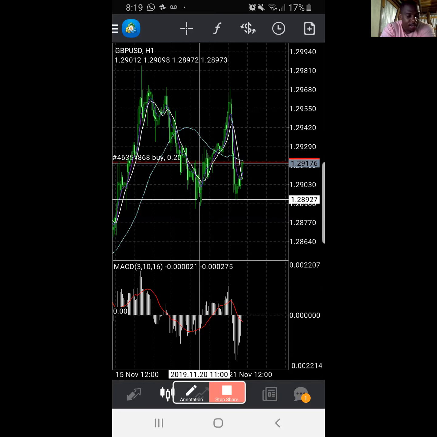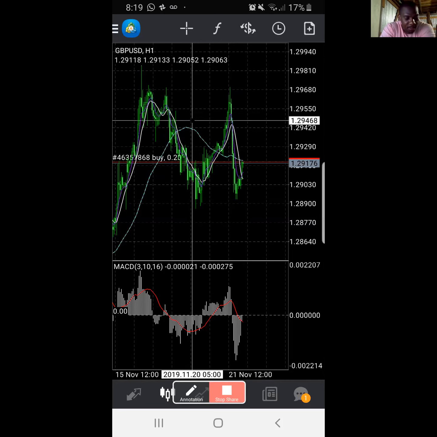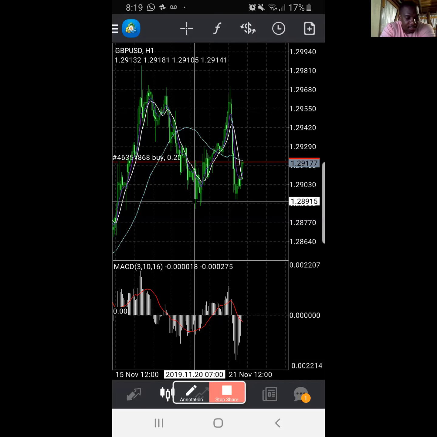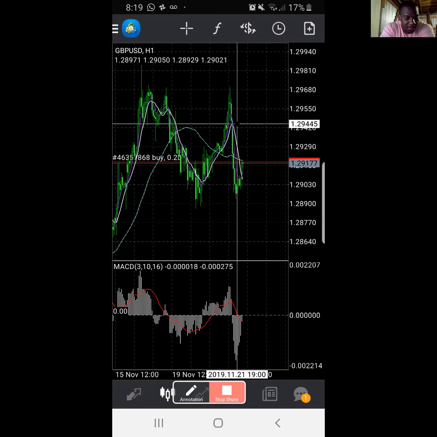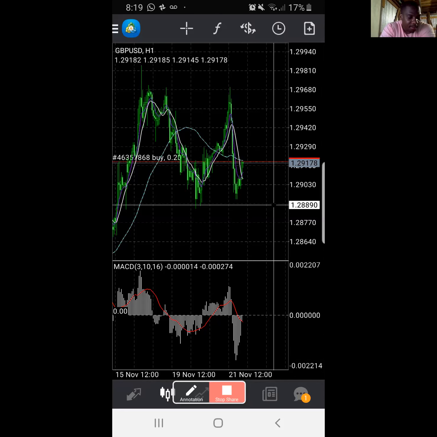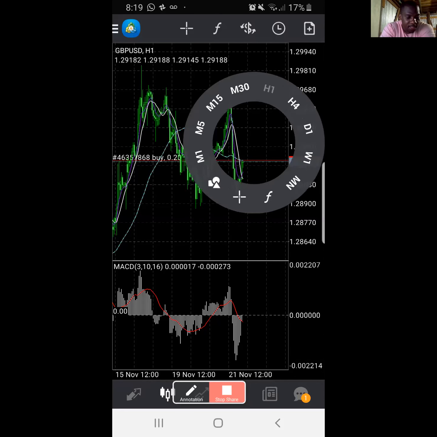This would identify various levels on your chart. As you move it, you will see the price to your right moving. And these things in the circle also at the top, the shapes.